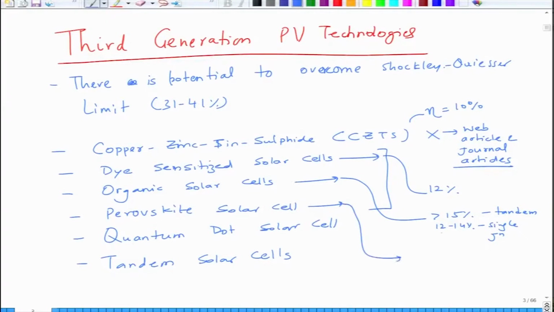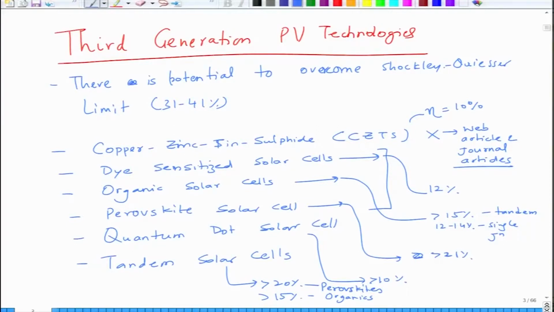Perovskite solar cells have exceeded 21%; the world record now stands at about 23%. Quantum dot solar cells are at more than 10%, and tandem cells in perovskites have crossed 20%, whereas in organics they have crossed 15%.